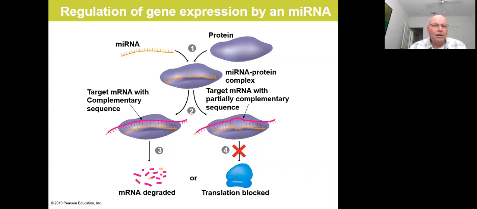Now, I don't have the slides to show you this in this presentation, but for one of the presentations that I do for the General Biology 2 class, where we talk about embryological development, one of the key processes that needs to take place during the development of an embryo is for cells to attach to each other in the right combinations.